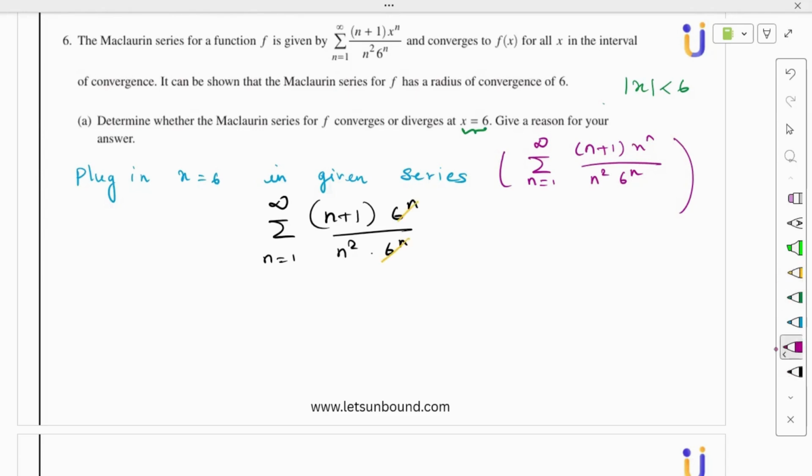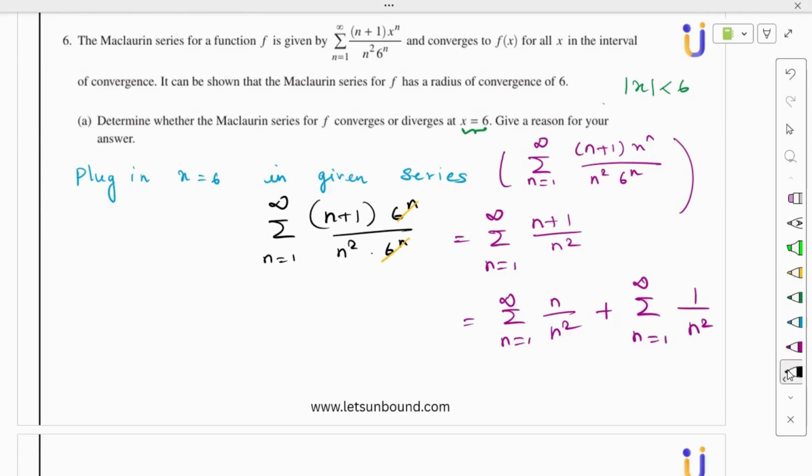That's a very simple and easy thing. So sigma n is 1 to infinity, now I'm going to break down (n plus 1) by n^2. You can write it into two series: n by n^2 is one series, plus sigma n is 1 to infinity 1 over n^2. Simplified further, the first part is sigma n is 1 to infinity 1 over n, and here sigma n is 1 to infinity 1 over n^2.